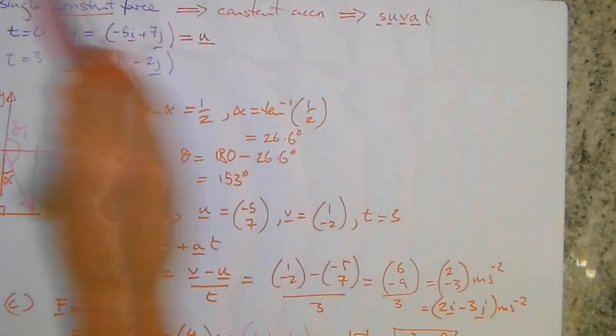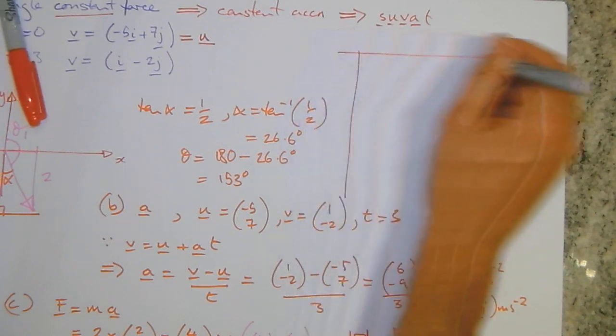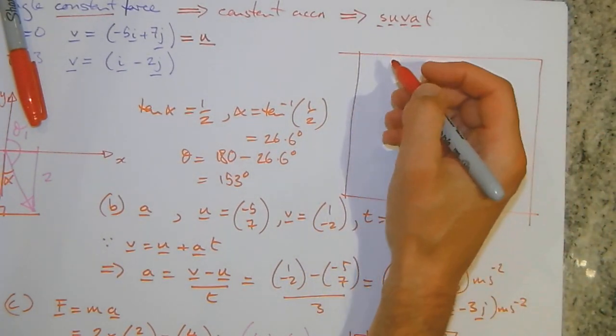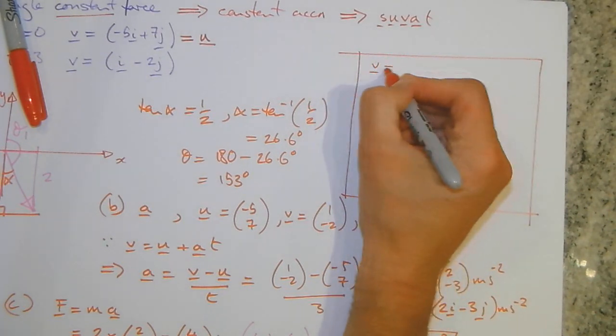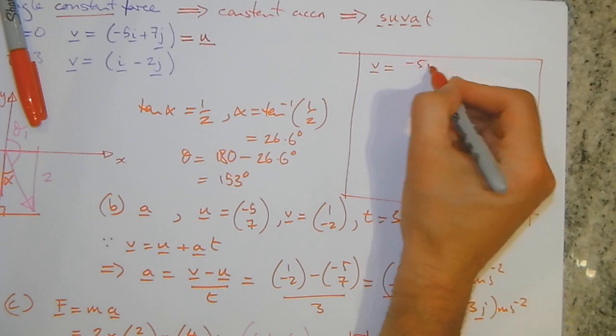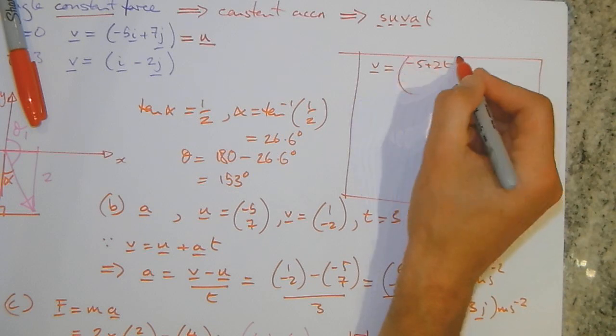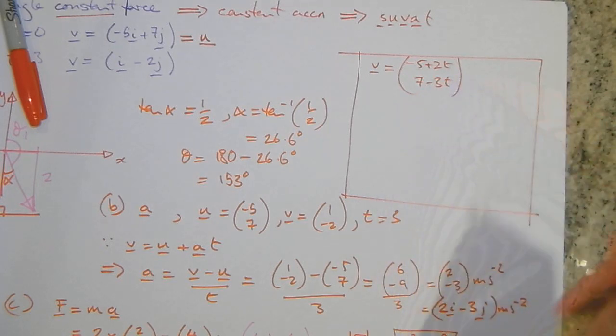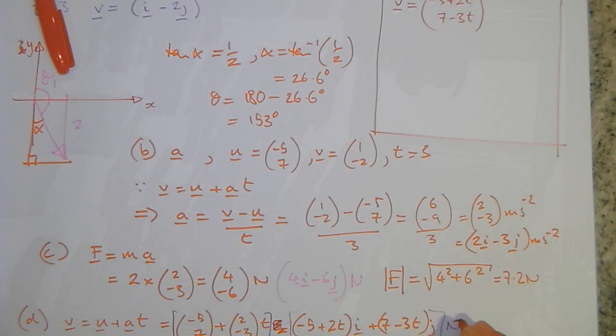So I'm going to put this answer up here. I'm just going to put the previous answer next to it. So the velocity is minus 5 and 2t, 7 take 3t. Oh, sorry, I realised what I've just written here. Newtons, meters per second there, wasn't it? Meters per second.